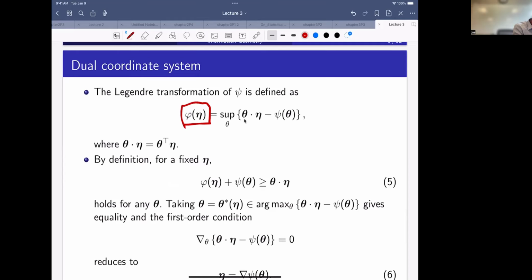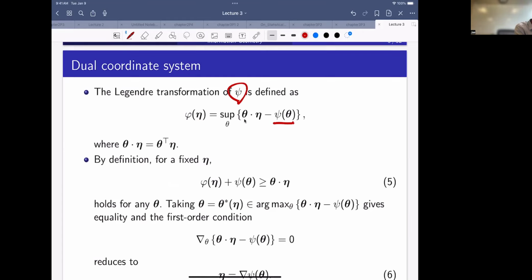So basically, psi is given. Psi is a function defined on theta space, so psi theta is kind of fixed.